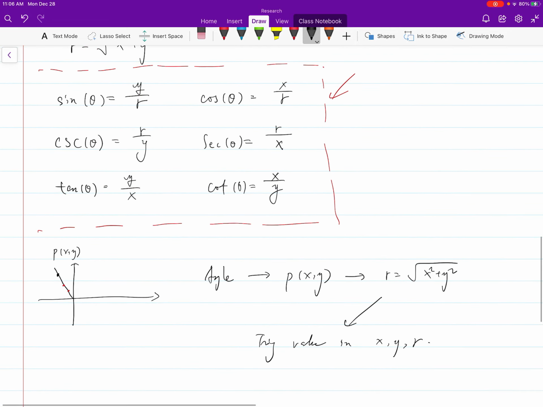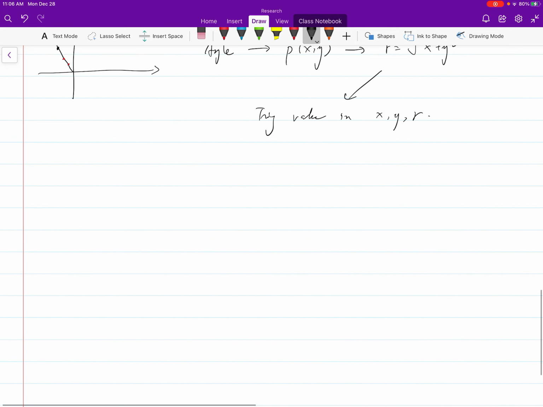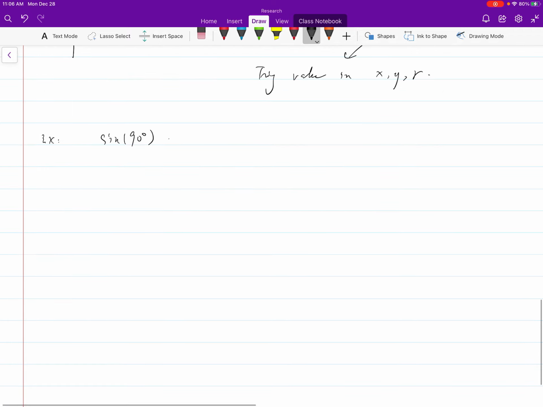All right. So now let's go back to some examples. Number one, what is sine 90 degrees? Which you cannot do before. But now what you do is, this is 90. Pick a point. You can pick (0, 1). You can also pick (0, 2). Doesn't really matter.